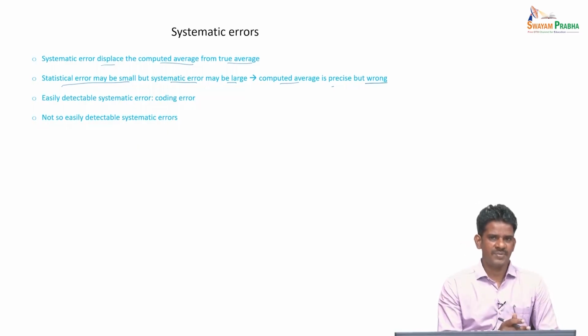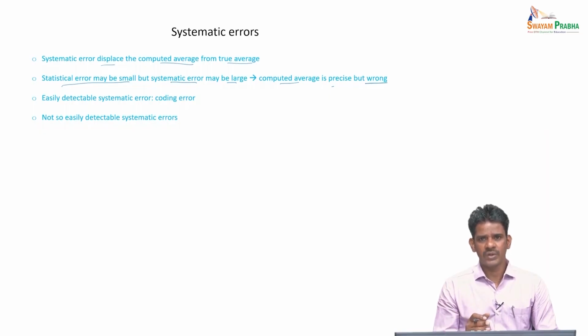And there are some systematic errors which are very easy to detect, because when you do the simulations you will see some large numbers coming up and the simulation getting blown up because of some error in the code, or some model parameters being wrongly fixed. So such a systematic error can be easily identified by looking at how the simulation process proceeds.